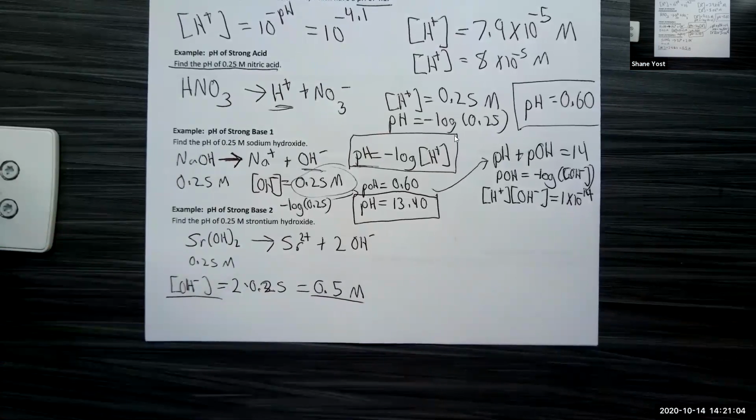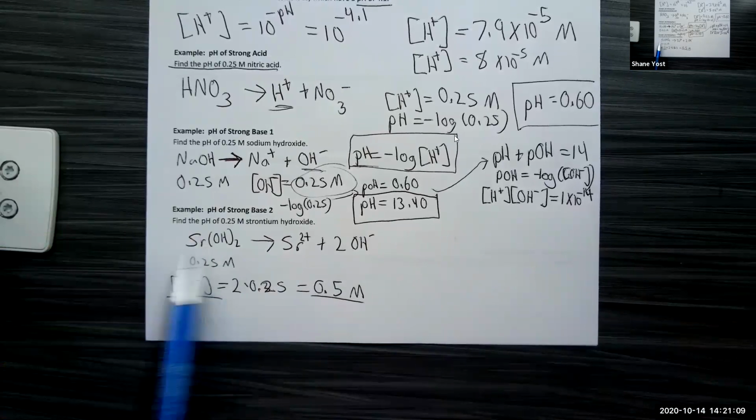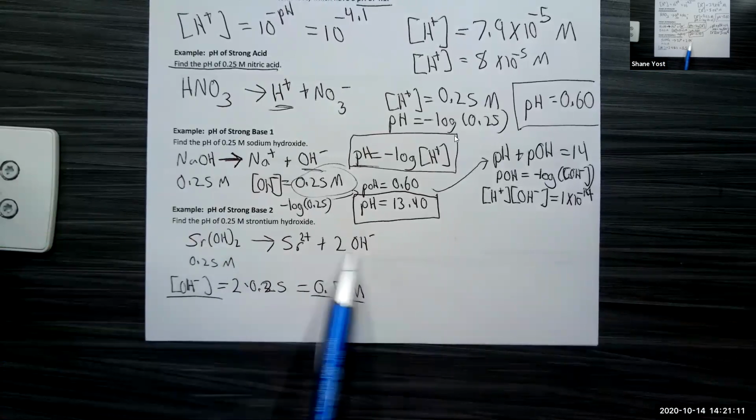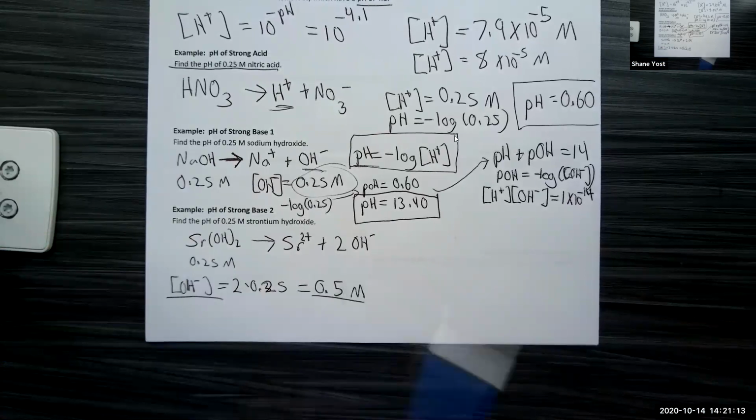Because every 1 mole of strontium hydroxide breaks apart into 2 moles of hydroxide, based off the balanced chemical reaction of this thing fully breaking apart. So we now have a solution of 0.5 molar hydroxide.